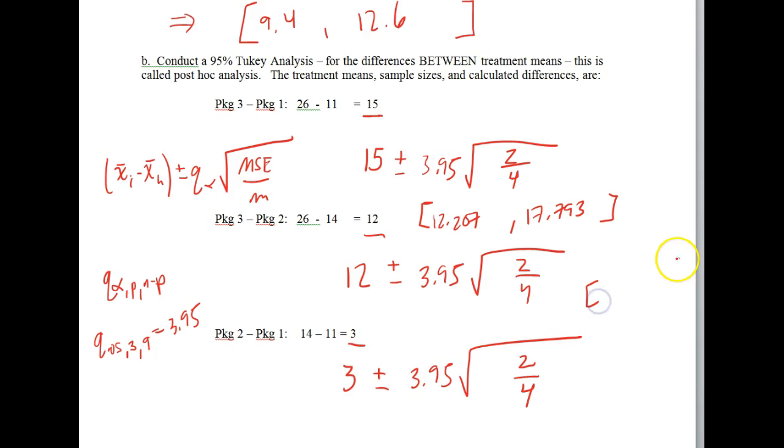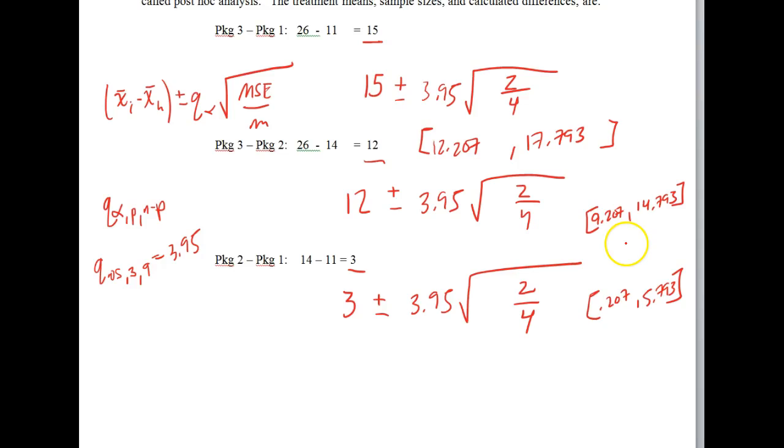And for this one, what do we get? 9.207 to 14.793, and then this one we get 0.207 to 5.793. That's that. That's coming up with a Tukey confidence interval.